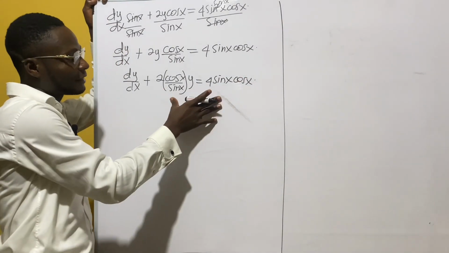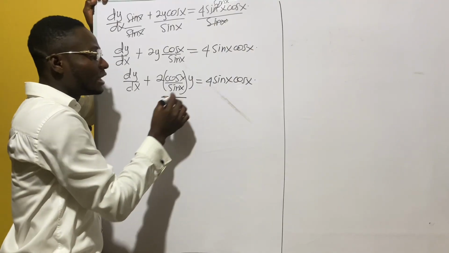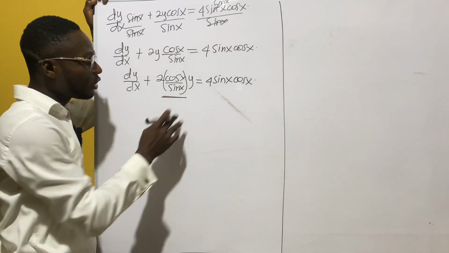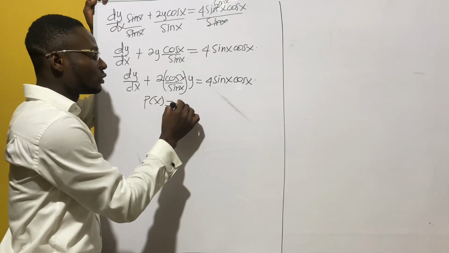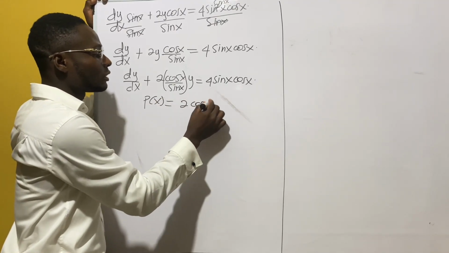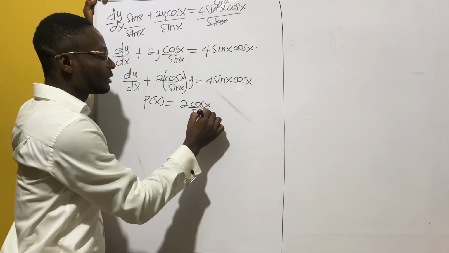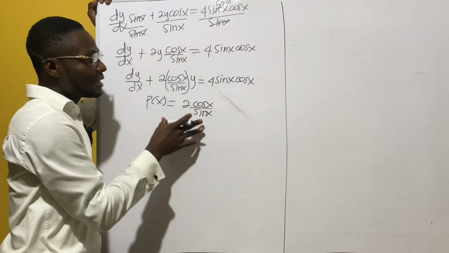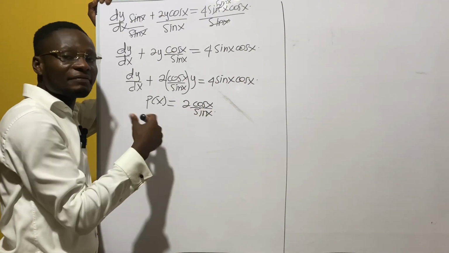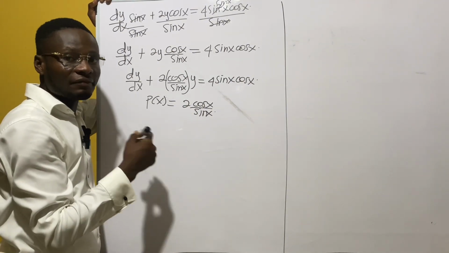So now we have the coefficient of y. The coefficient of y here is equal to 2 cos x over sine x. So once we have this, we can go ahead and find our integrating factor.